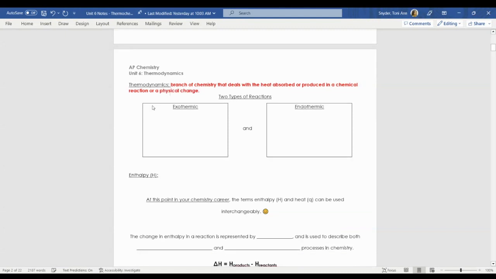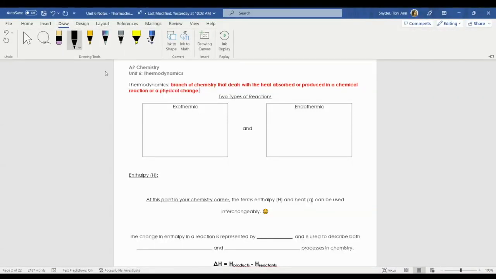So we can have heat that is absorbed or released when we go through all different types of chemical reactions, or physical changes, and that includes dissolving something in water, let's say, making a solution. And there are two types of reactions that we have to be familiar with, and those are exothermic and endothermic.